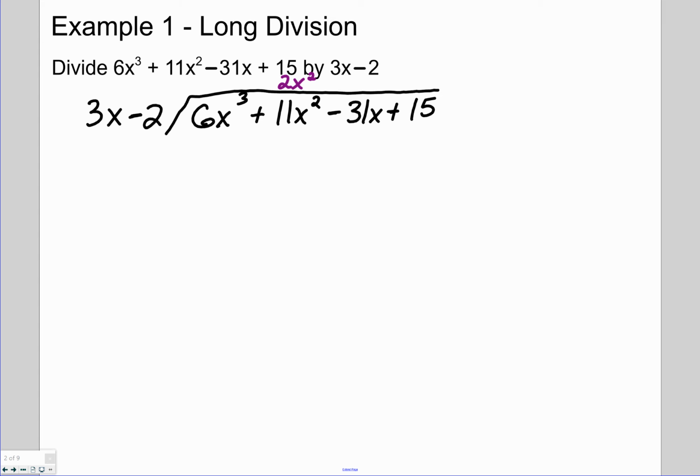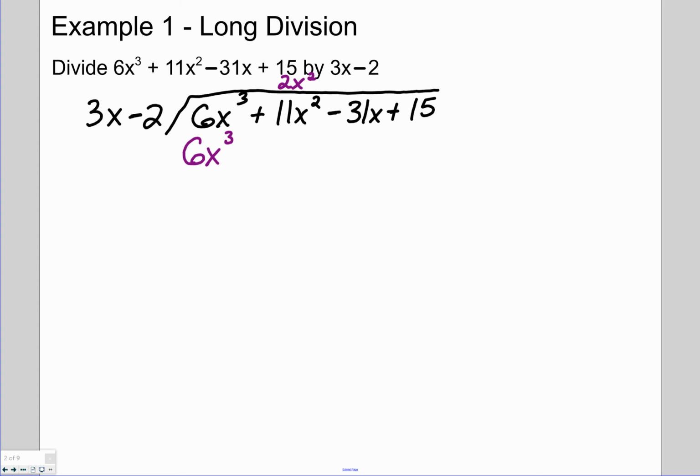Do you see how I wrote the square above the square? It's up to you where you write it. Some students will write it at the beginning. Whatever you want. Doesn't matter. I just like to write it above the same power. My preference. All right, so what is 2x squared times 3x? 6x cubed. Guys, if those are not the same, then we've already made a mistake. All right, so that's your first kind of mental check. That better be the same.